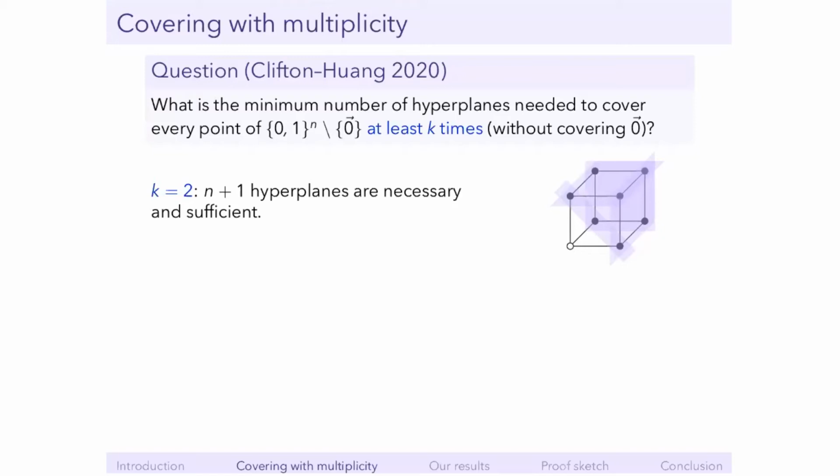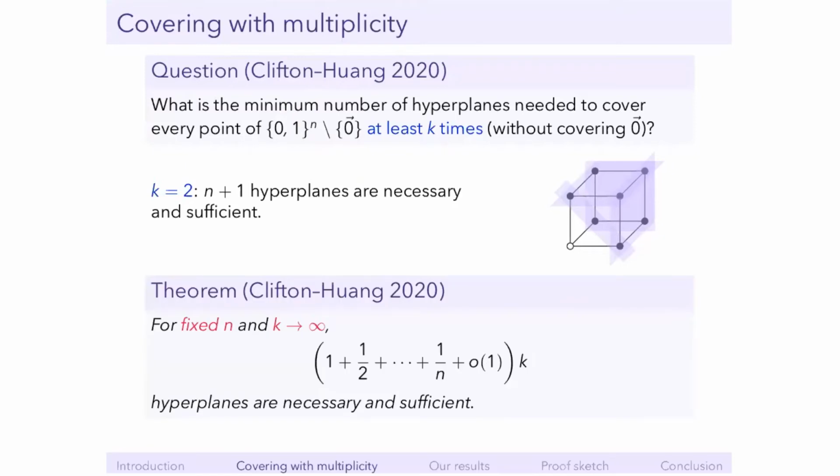There are actually two interesting regimes of the parameters here, where you can either think of the dimension as fixed and the multiplicity as tending to infinity, or you can think of the multiplicity as fixed and the dimension as being large. In one of those two regimes, Clifton and Huang basically resolved everything. One of their theorems is that if the dimension is fixed and the multiplicity tends to infinity, then this is the right answer.